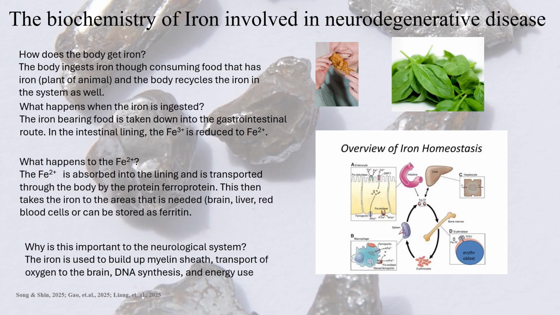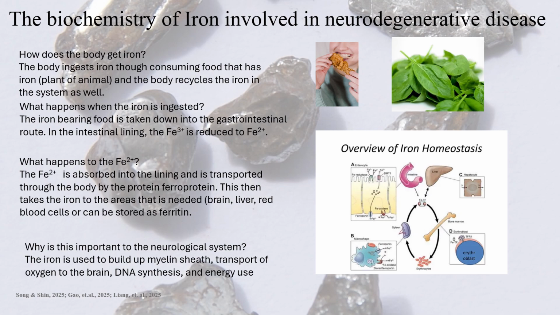And you can get that from animal products or non-animal products such as spinach, which has a high iron content. These two are then ingested into the system. Also, any iron that is in the body is recycled. So that is a good way of reutilizing any iron that you have.